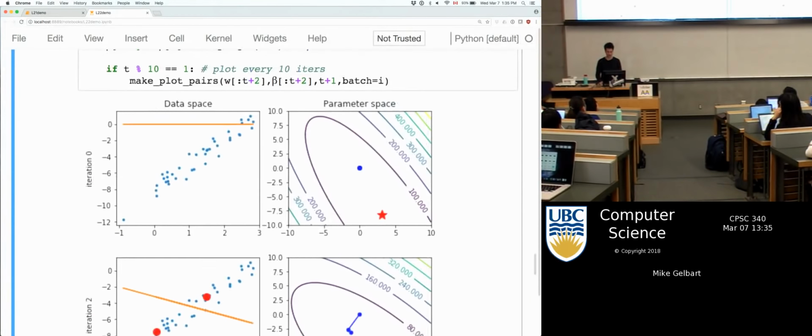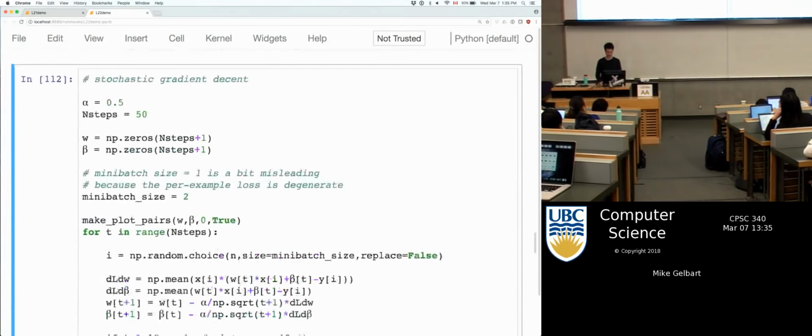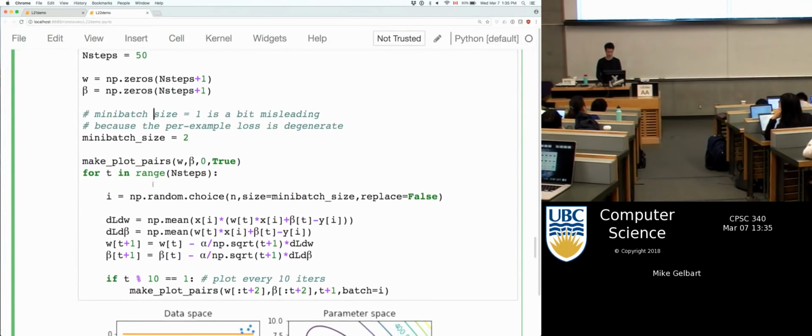But now I want to show you stochastic gradient. And you should be able more or less to read the code here. Maybe not write it without looking at the documentation, but whoever needs to do that anyway. So what I'm doing is picking randomly some batch size number of points. I think I set mini batch size to 2, so I'm picking 2 points at random.